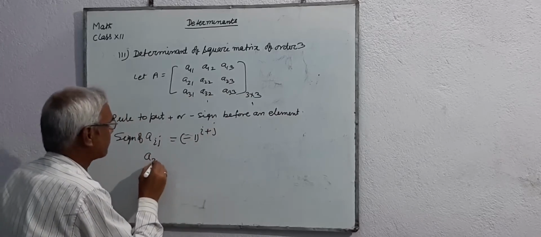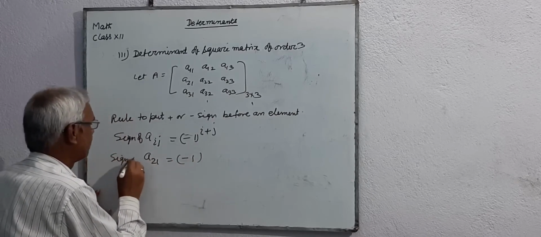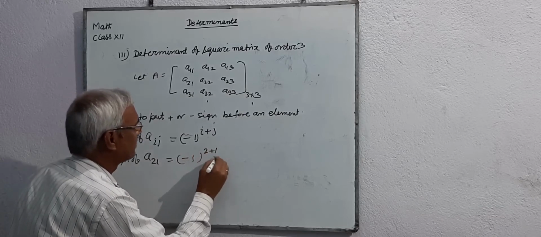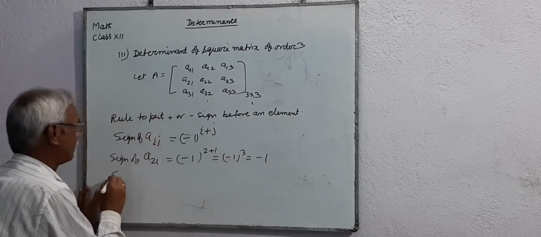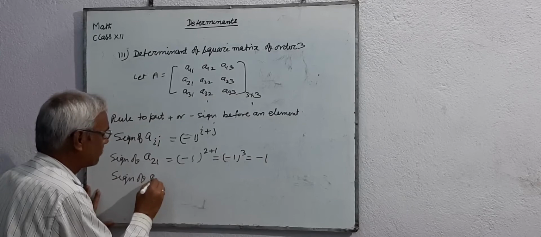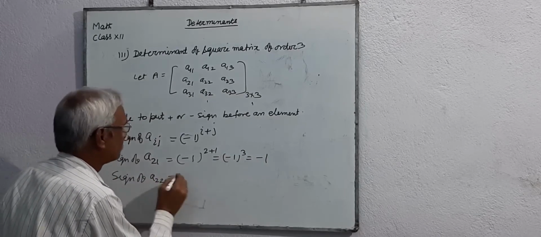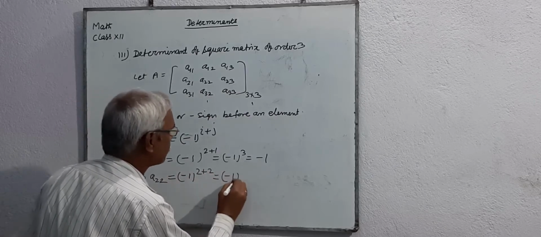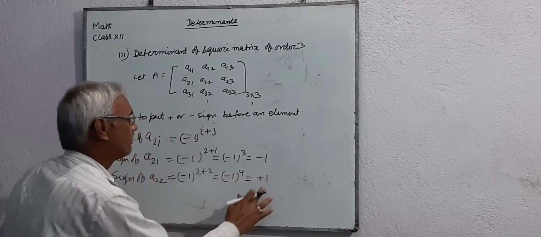For A21, the sign is minus 1 to the power 2 plus 1, equal to minus 1 to the power 3, that means minus 1. The sign of A22 equals minus 1 to the power 2 plus 2, minus 1 to the power 4, which is positive.